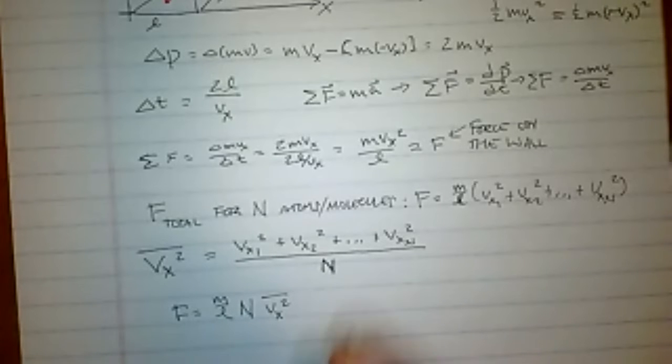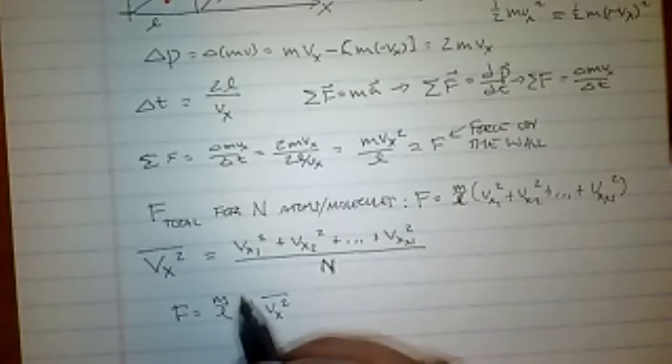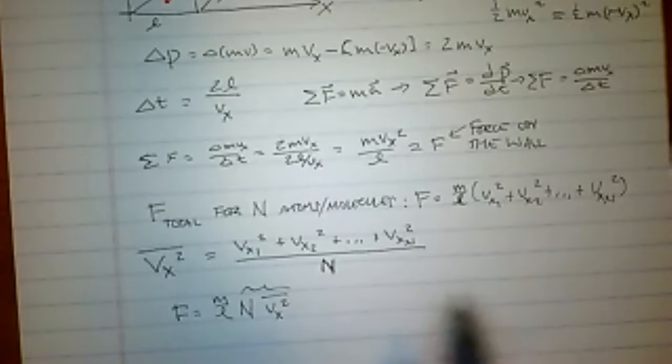Here's the kicker: taking that number and multiplying by N is the sum of all the velocities, the average velocities times N. So I now have the actual force.